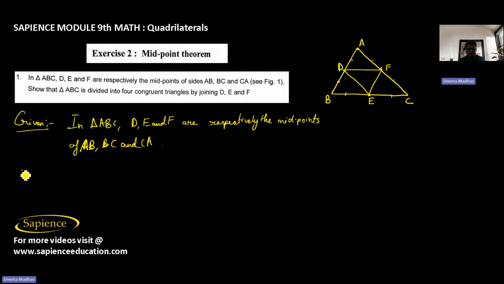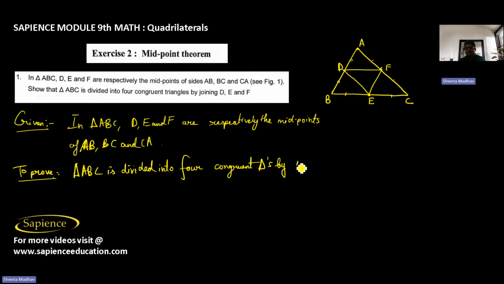Now we have to prove that triangle ABC is divided into 4 congruent triangles by joining D, E, and F. So how to prove it?